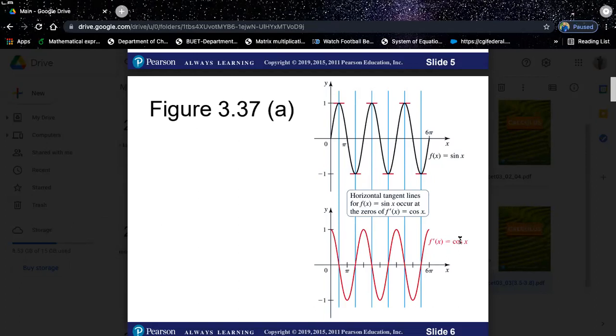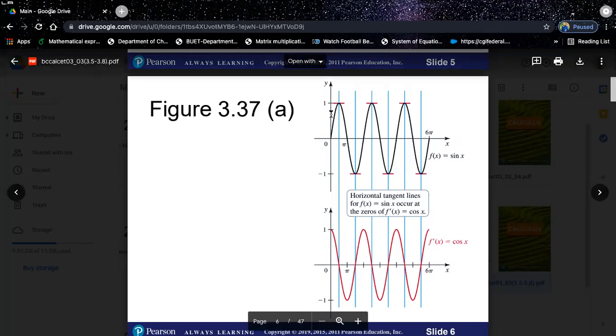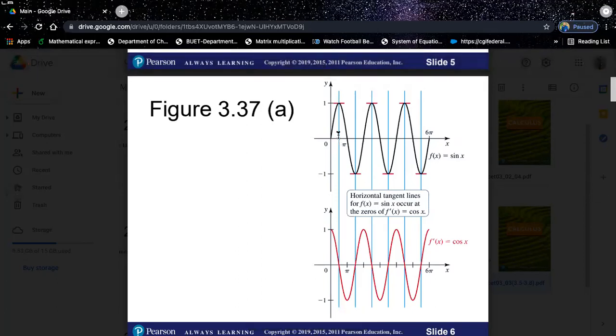right? Okay, so if you're trying to find the derivative, that means if you are trying to find the instantaneous rate of change for the function at any point, what happens? Let's say you are trying to find the derivative here at, I guess it's pi over 2, yeah.